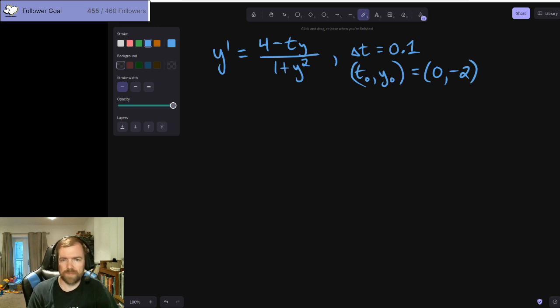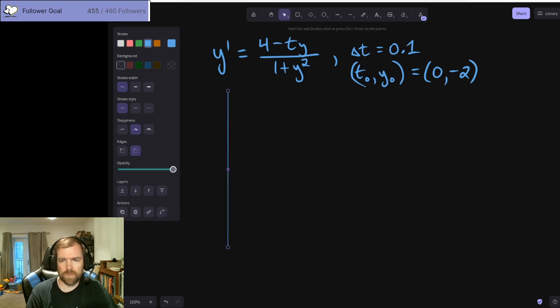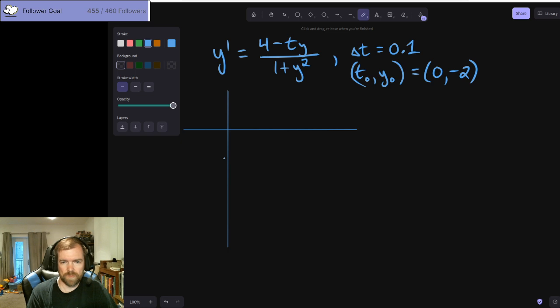So we have a differential equation, y prime, and if I know a t value and a y value, I can somehow tell what the slope is at that point. And that should give me an idea. If I think back to slope fields for a second, if we had a slope field, we could sort of tell what general direction the next small interval should go in, right? Like what's the slope in that little interval, so that I can draw the next part of the curve, and then maybe take the next part of the curve and draw it from where that last one ended, and so on and so forth, build a curve that might get sort of close.